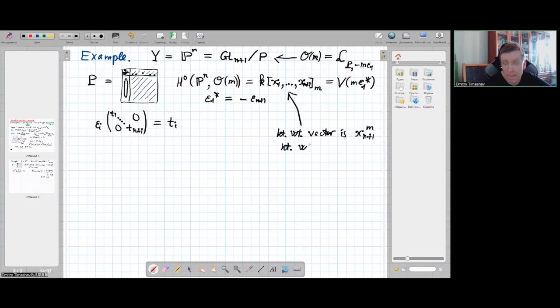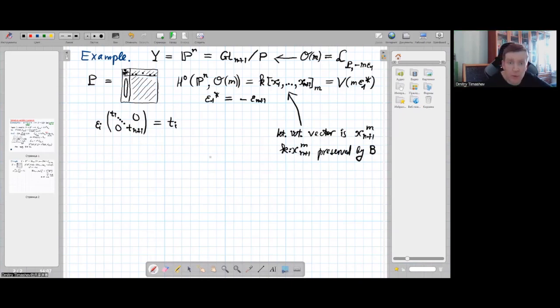I did not understand why it is highest weight. Because this line spanned by this vector in the space of polynomials of degree m is preserved by B. So when B acts on the space of polynomials, on the right, right?